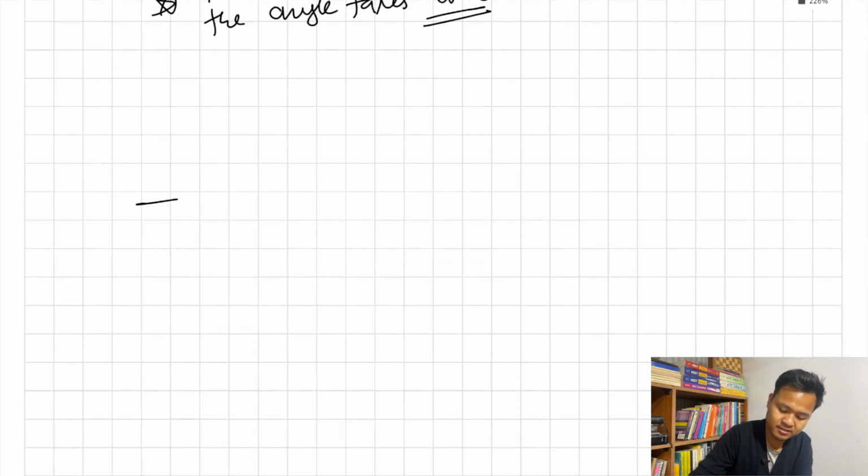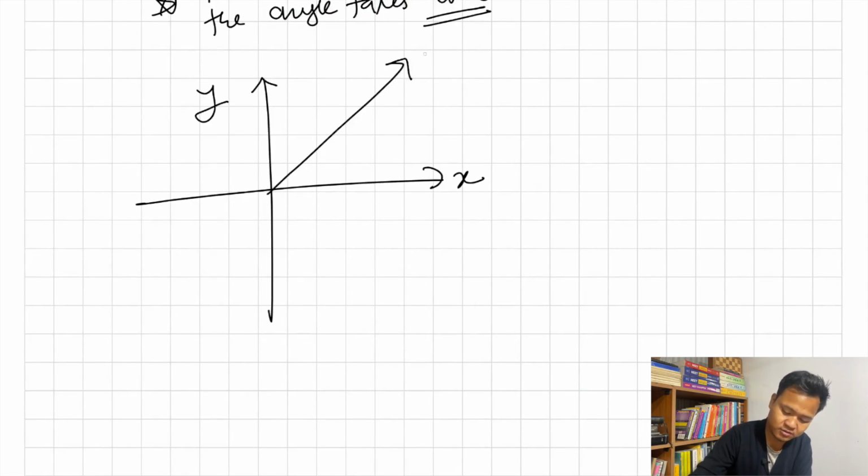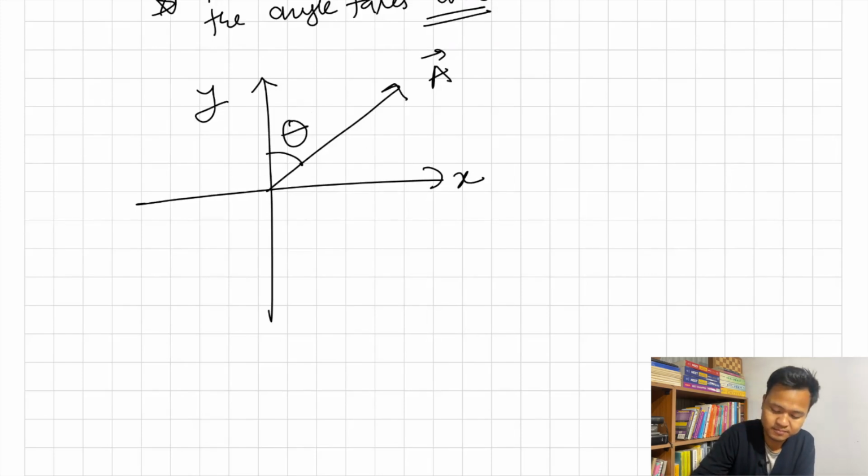Let's apply it here. Suppose I have x and y, and a vector a bar with angle theta. The vector a is not along x or y, so we have to take components. Along the x I have ax, along the y I have ay.